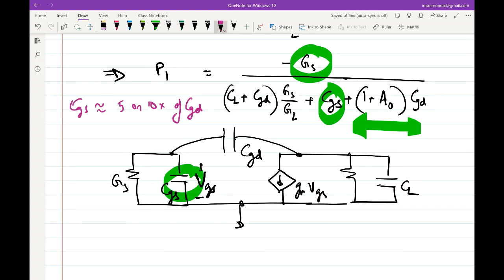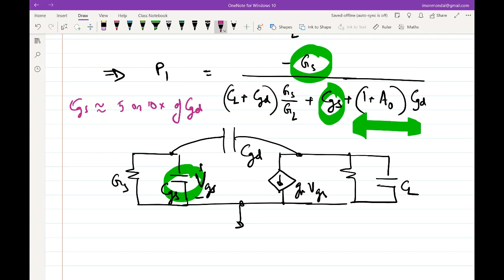So which term in the denominator is the dominant term then? 1 plus A naught times CGD seems to be the dominant term, right? Because CL, again, is of the order of CGS. That's what we assumed at the beginning.